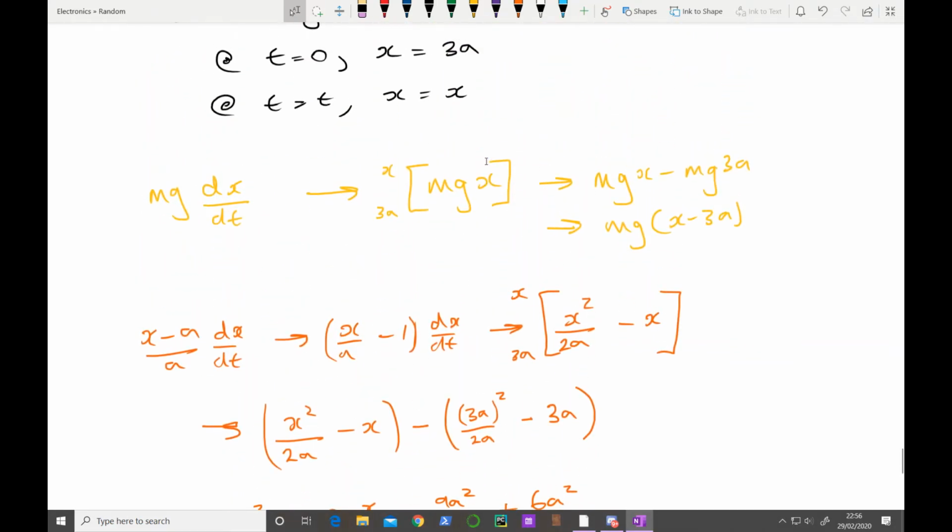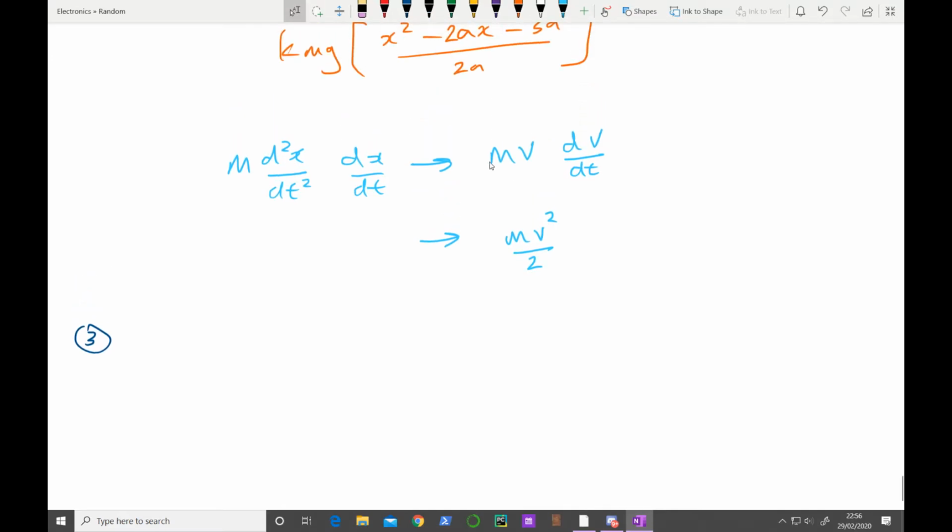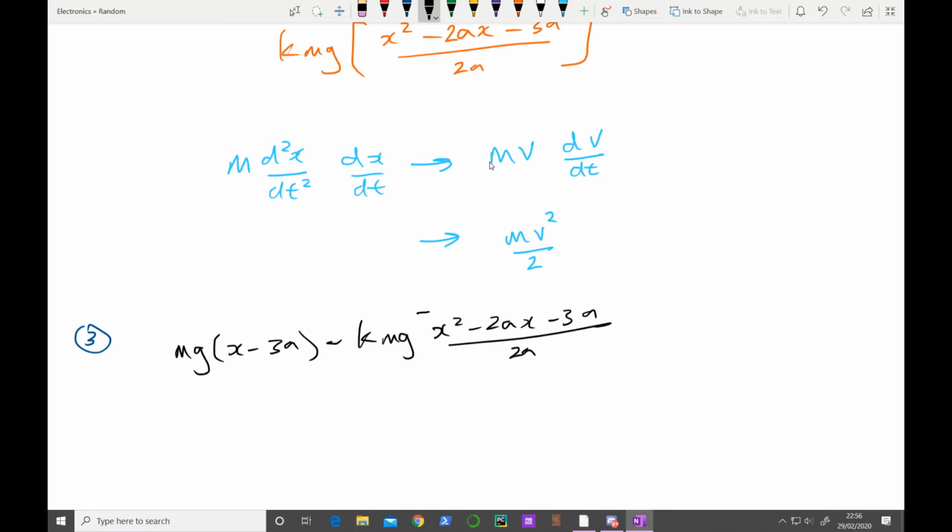So our energy balance equation should be mg x minus 3a minus kmg x squared minus 2ax minus 3a over 2a equals half mv squared.